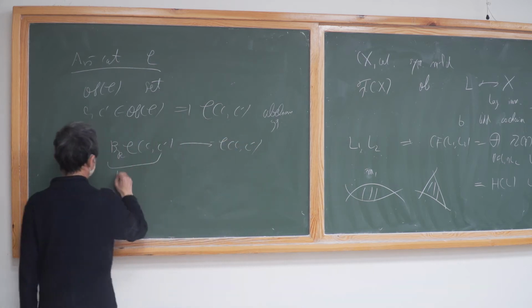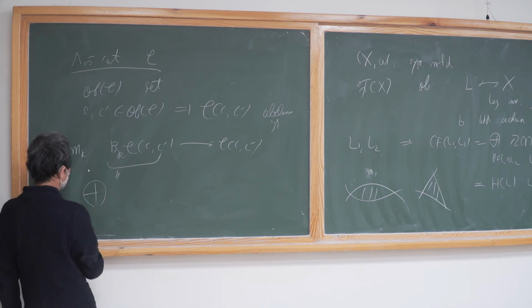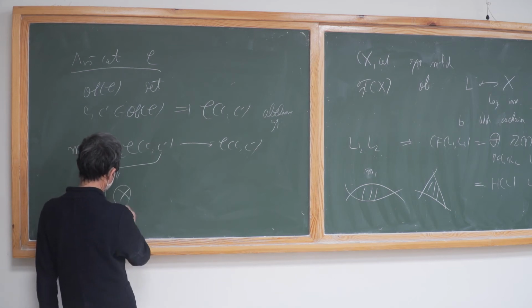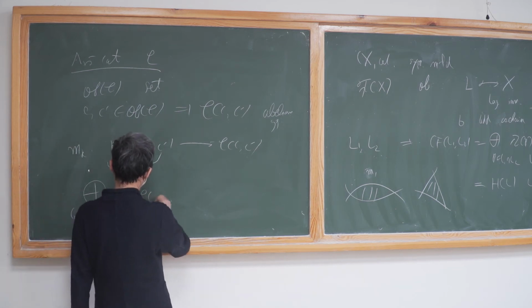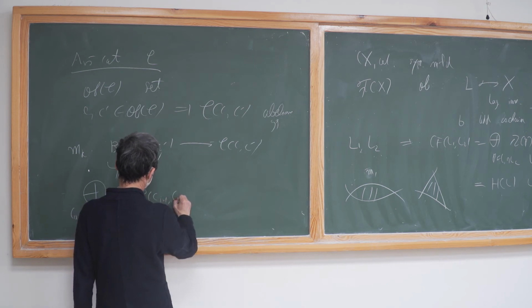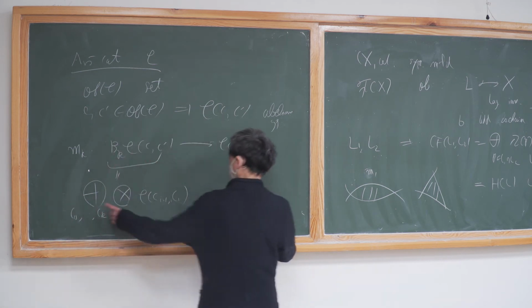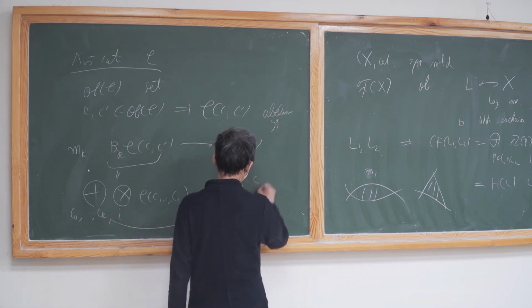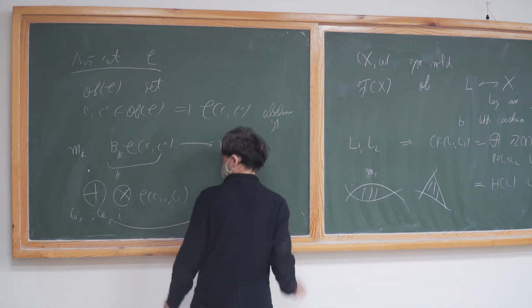And this is by definition the sum over C0 through Ck of the tensor product of the morphisms from C_{i-1} to C_i, where C0 is C and Ck is C prime.